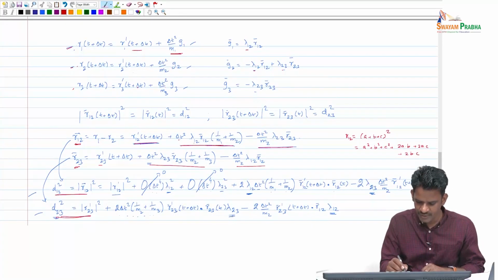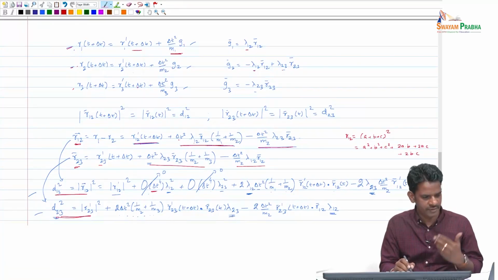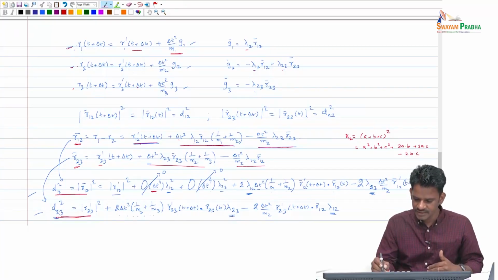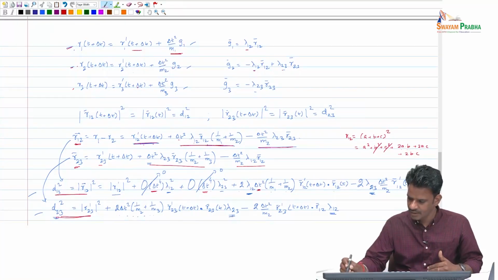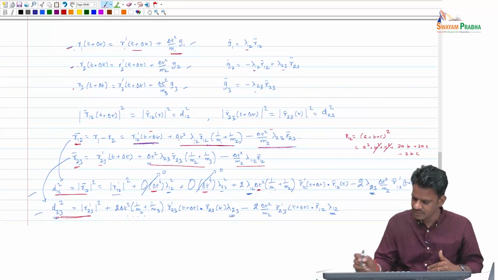When you square this term, you are going to have delta T to the power 4 order of magnitude, and this is something we can ignore because these are higher order terms which we usually truncate. Similarly, the third term also has a delta T to the power 4 term. So, this cancels, this also drops, and then we have 2 times a dot b. That is 2 times this term multiplied by this term, which is of the order of delta T square, and we keep it. Similarly, a and c, this and this also remains.